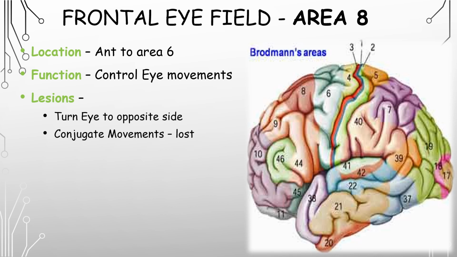Lesions of this area turn the eyes towards the affected side, the conjugate movements of the eyes are lost, but the pupil and the eyelids are not affected.